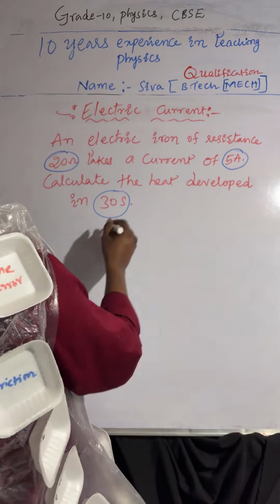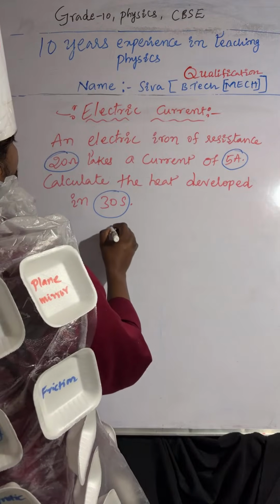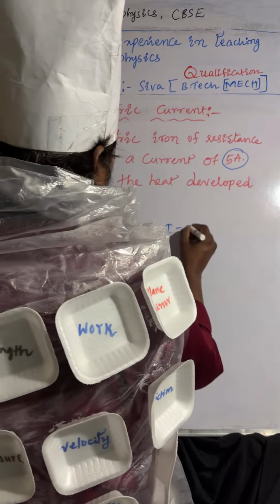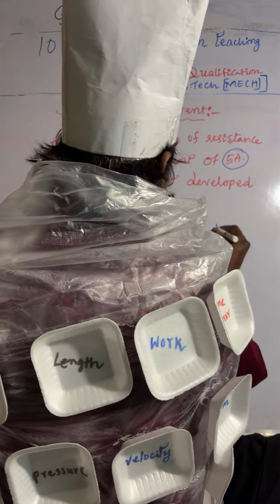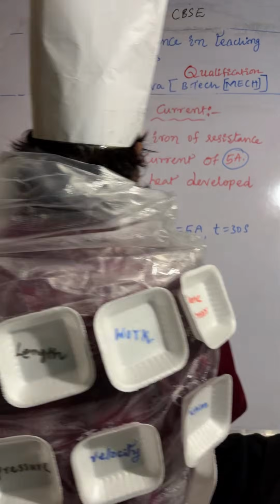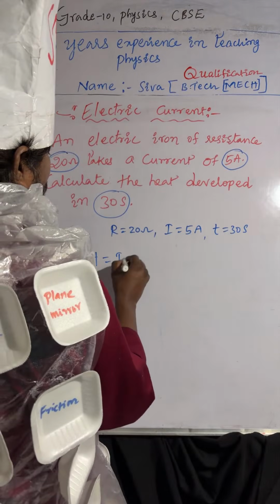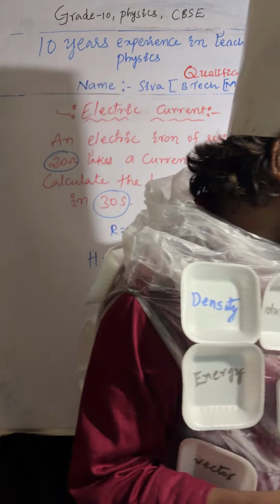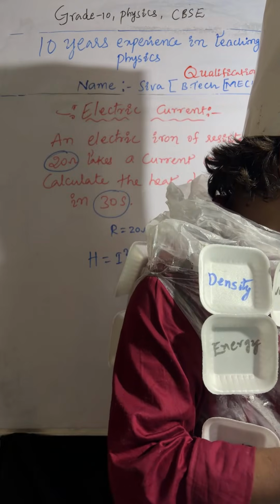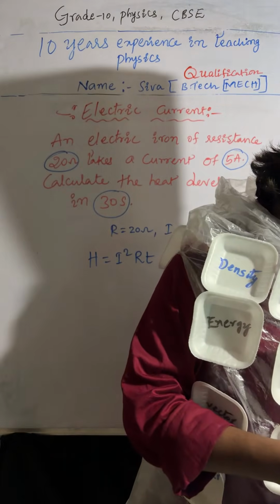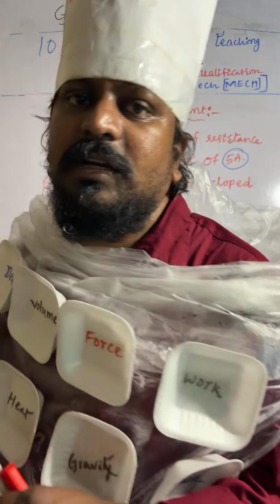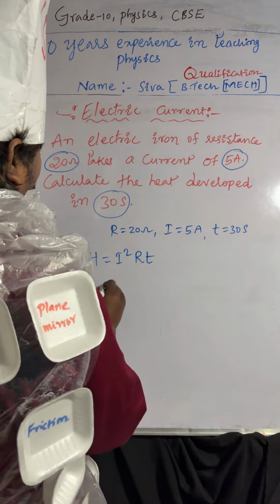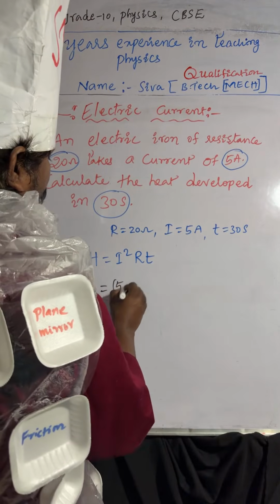Resistance is 20 ohm, current is 5 ampere and time equal to 30 seconds, and H equal to I square RT formula. So substitute the values. I equal to how much? 5 whole square.